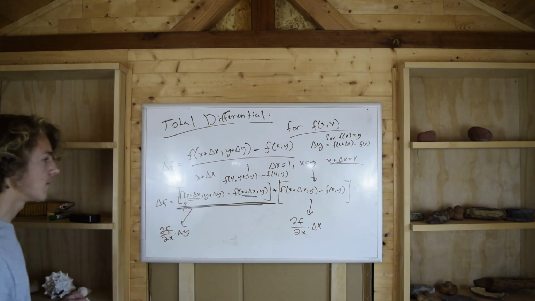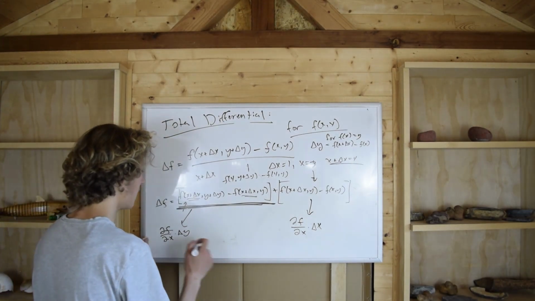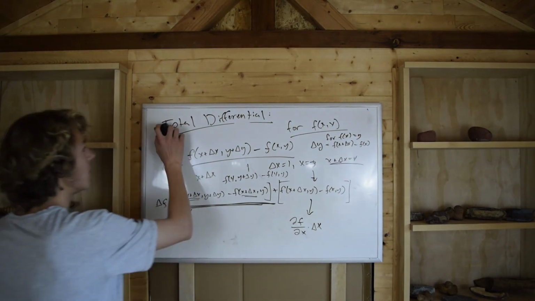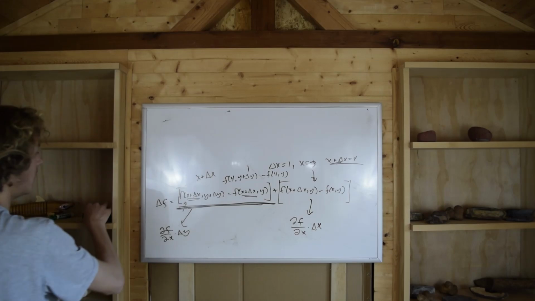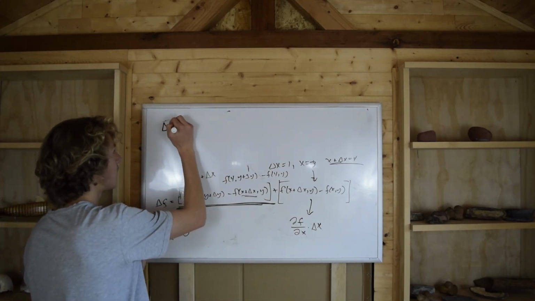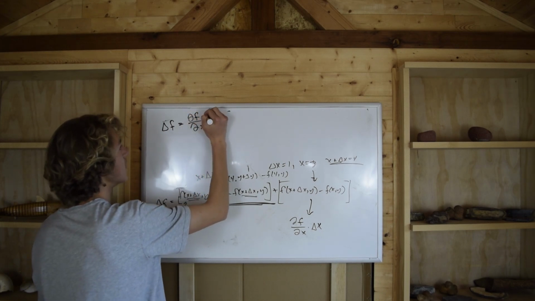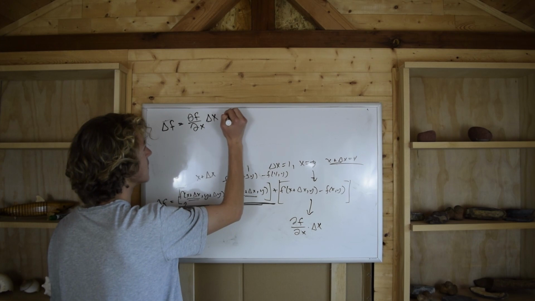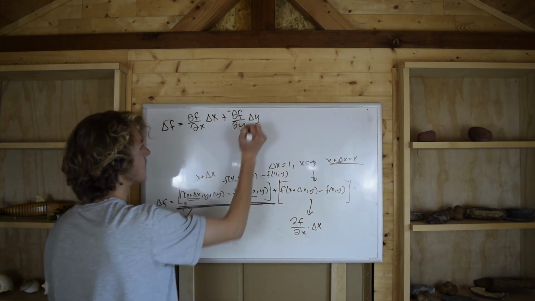And now I'm going to erase the top part here. Essentially, now what we've said is that delta f is equal to del f del x delta x plus del f del y delta y.